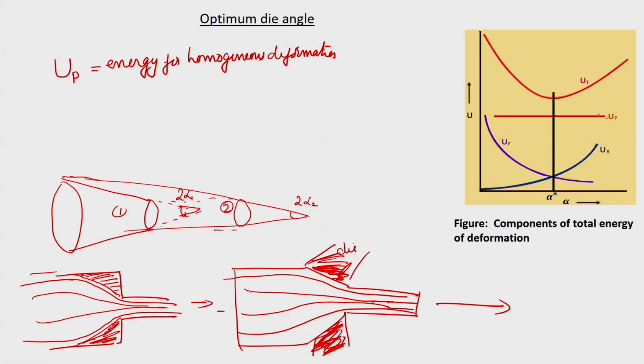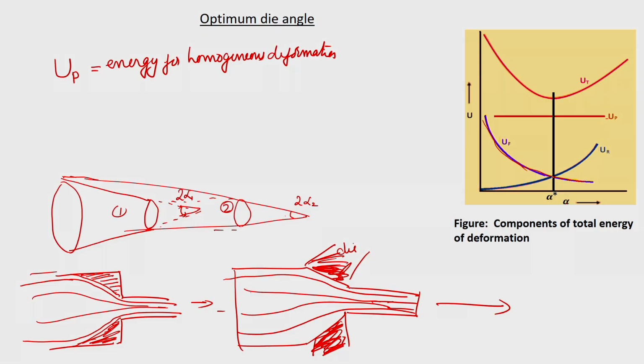It has no relationship with alpha. But with an increase in the die angle, the frictional energy loss decreases, because the contact area between the workpiece and the die material decreases. Whereas the energy due to redundant deformation, the redundant work, increases as the die angle increases. So, these two things are happening.